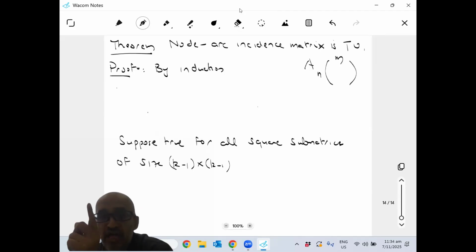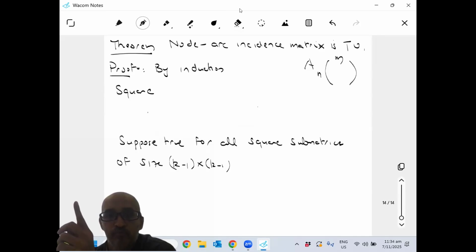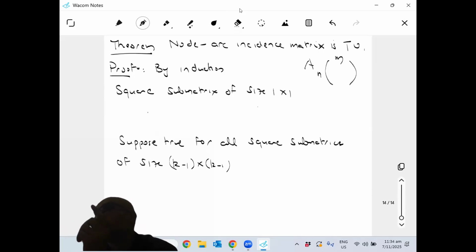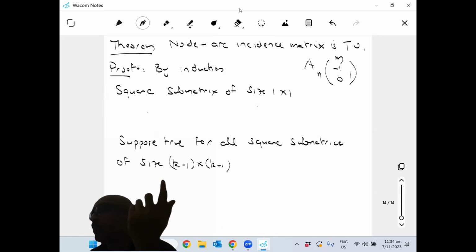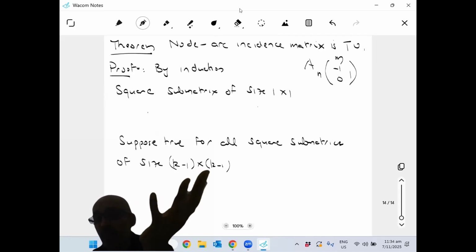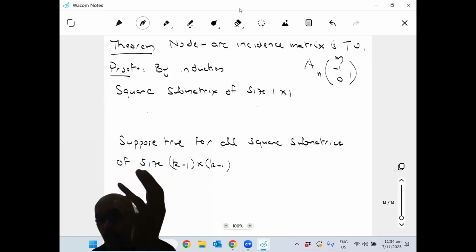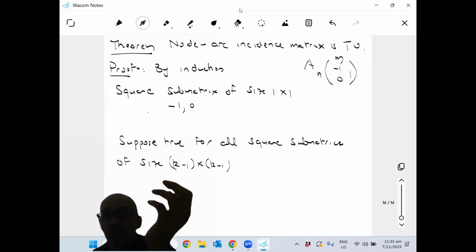Take a square submatrix of size 1 by 1. What are the entries for this matrix? It's either 1, minus 1, or 0. These are the only entries in this matrix. So every square submatrix of size 1 by 1 has an entry of minus 1, 0 or 1.